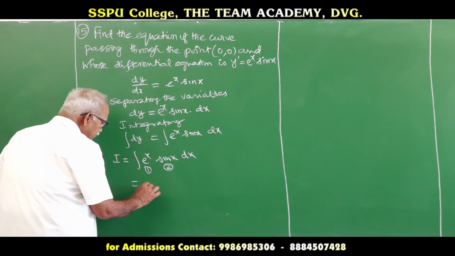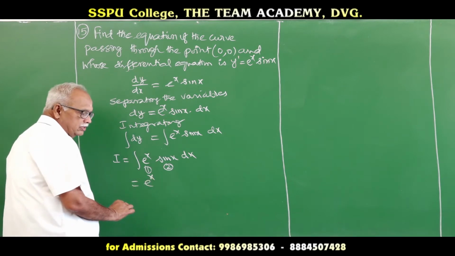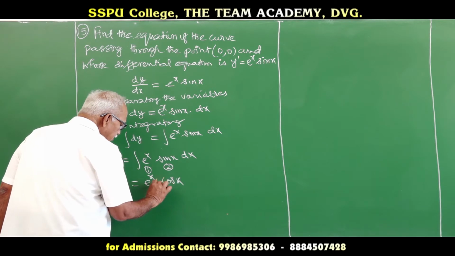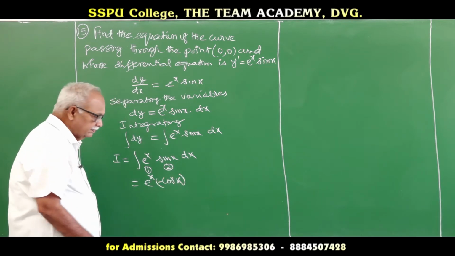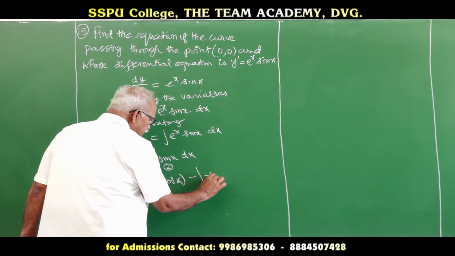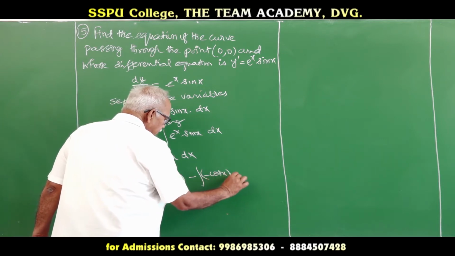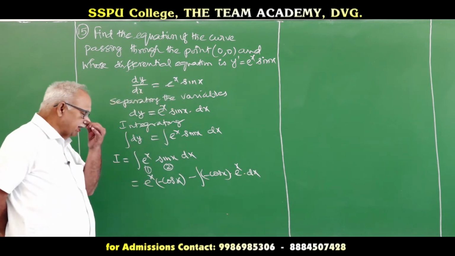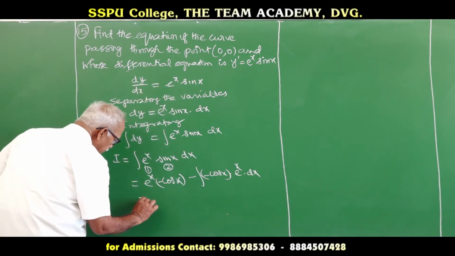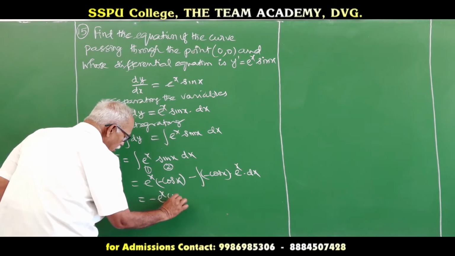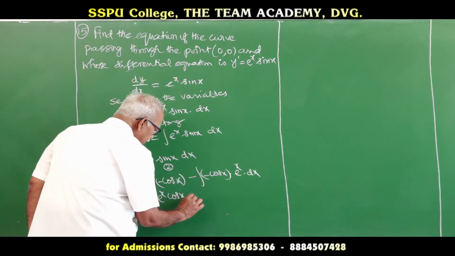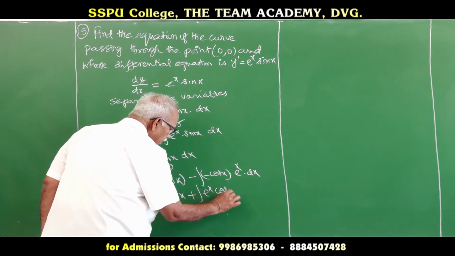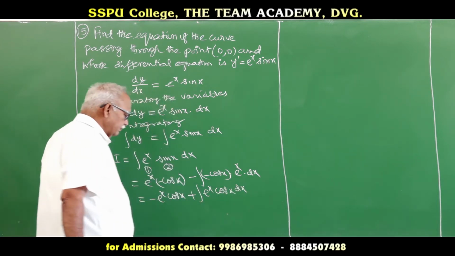Integration by parts is first function into integral of the second function, minus integral of the second function into differentiation of the first function. So, we have to do it like this. Now, this is minus e^x cos x, and here you get plus integral e^x cos x dx.